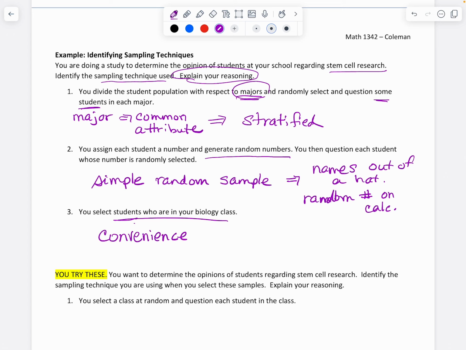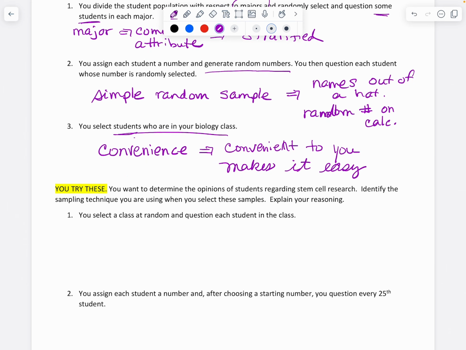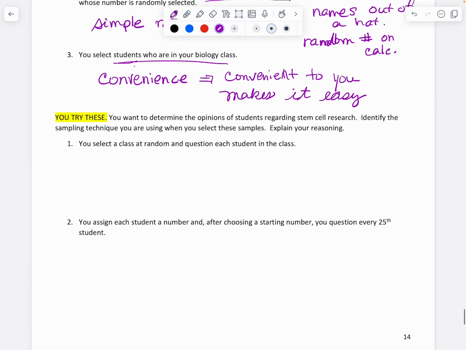So this would be a convenience sample, literally because it is convenient to you. It made it easy. And in fact, not only are you just doing students in your biology class, but it would be students in your biology class that day. So it could be that instead of a class of 30, you only are asking a class of 10 because the other 20 didn't even show up. So this is very much convenient.